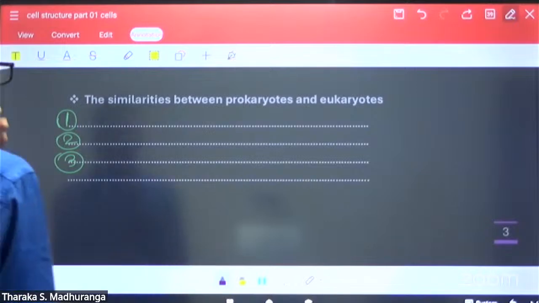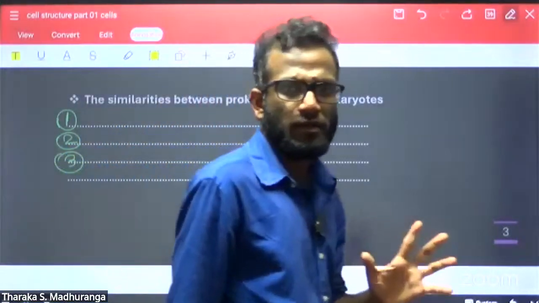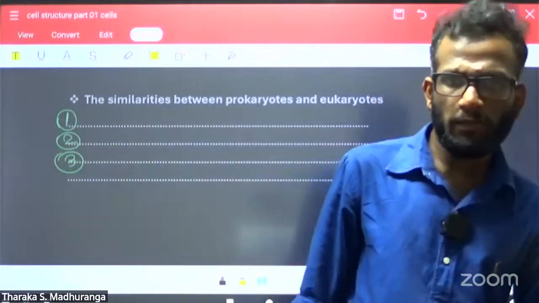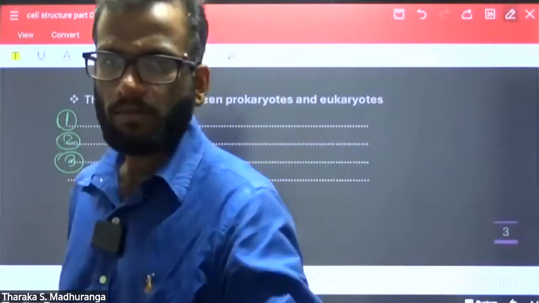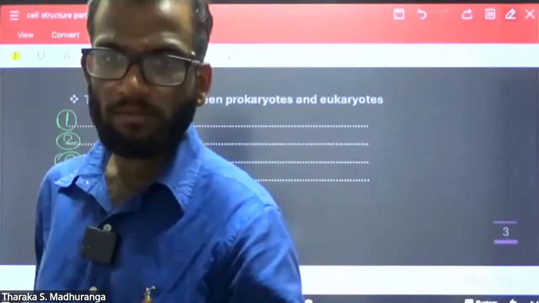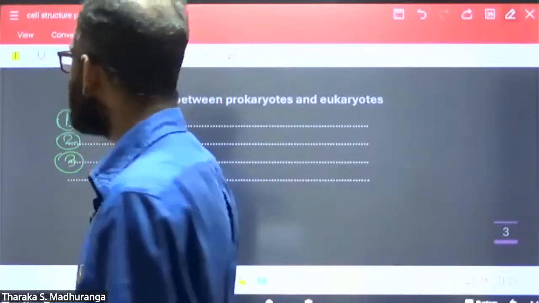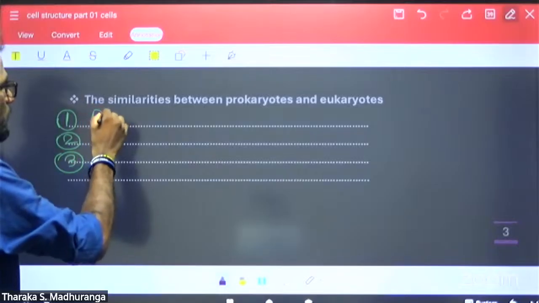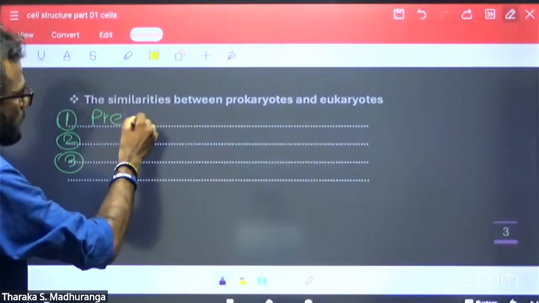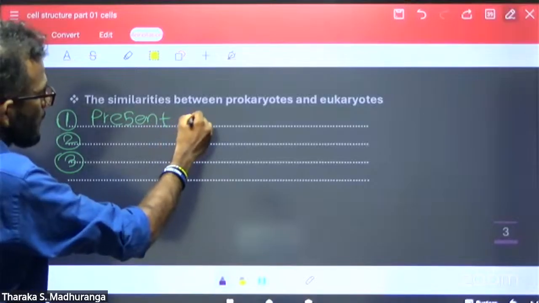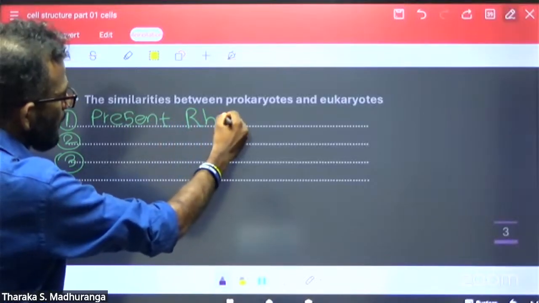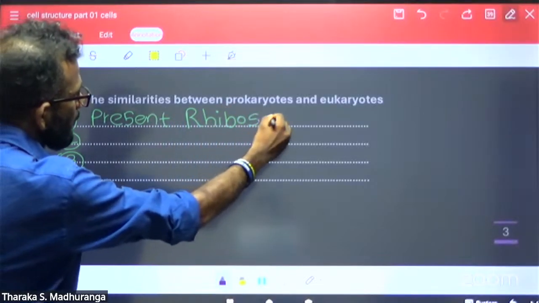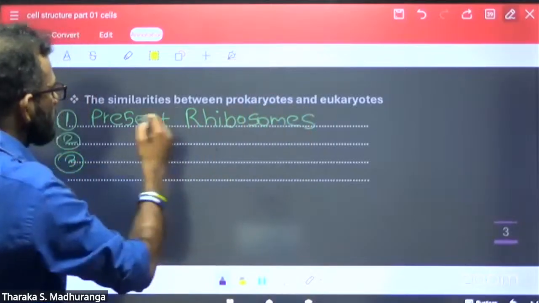Yeah, both have plasma membrane. It's correct. Both have ribosomes, correct? Both have ribosomes, okay. Present ribosomes. That's a similarity. What else?